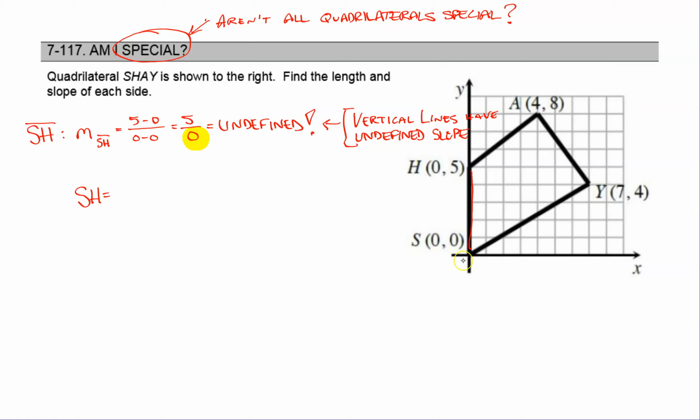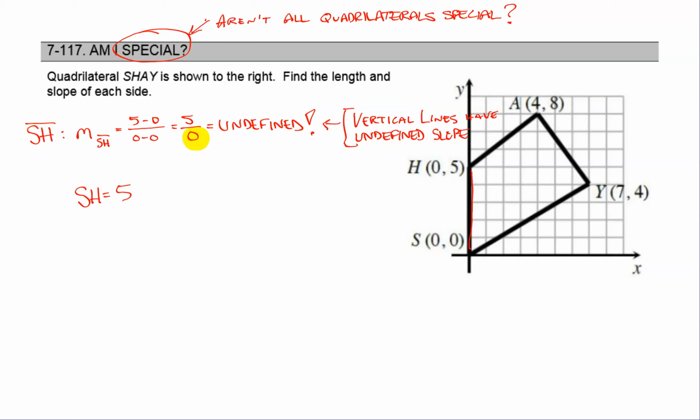This is easy enough to count on the graph paper, because for any vertical or horizontal segment we just count squares, and that's 5. Real quick, another reminder here. Notice how here I have a symbol on top of the letters SH, but down here I do not. When you see the symbol above the letters, that is specifically referring to the segment itself. When the symbol is missing, that's referring to the length of the segment.